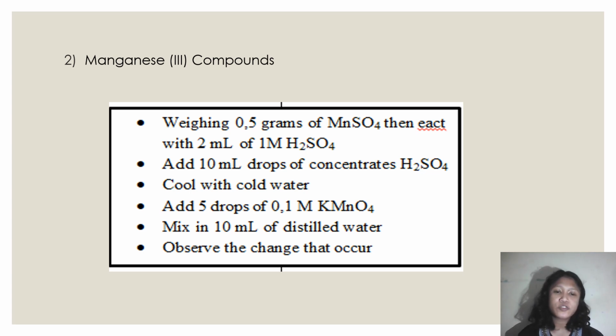Mangan 3 compound. First, weigh 0.5 grams of mangan sulfate, then react it with 2 ml of sulfuric acid. Second, add 10 drops of concentrated sulfuric acid, then cool with cold water.